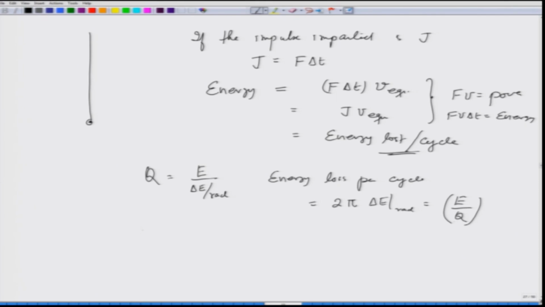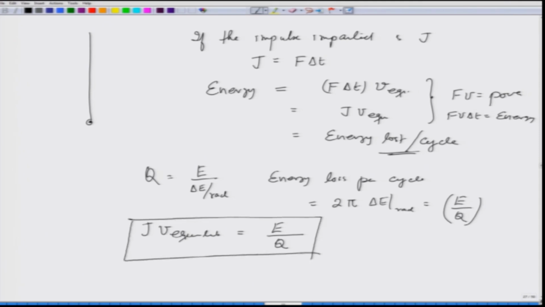So, I am going to have J V equilibrium, where V equilibrium is the speed when he passes through the equilibrium, equal to 2 pi times the energy stored divided by Q. So, all I need to find is E and V equilibrium, and I am done.